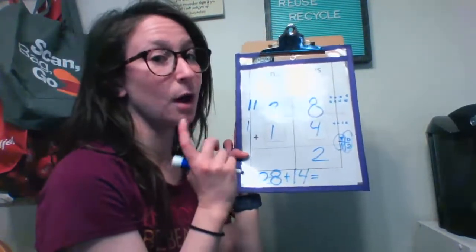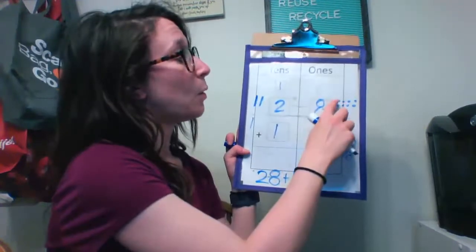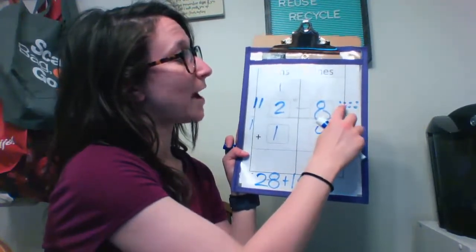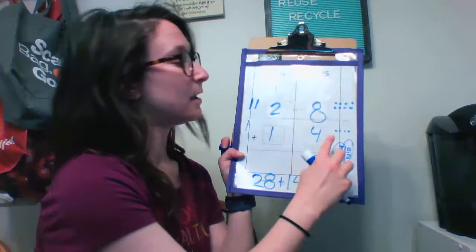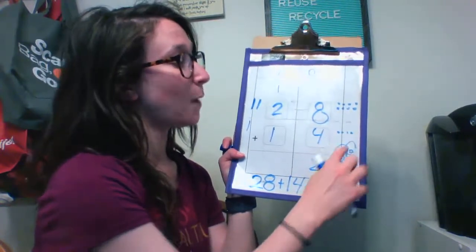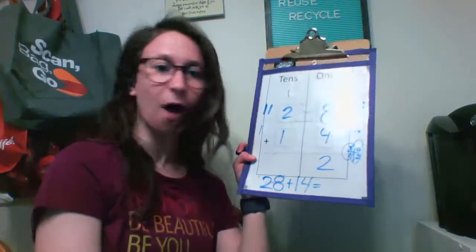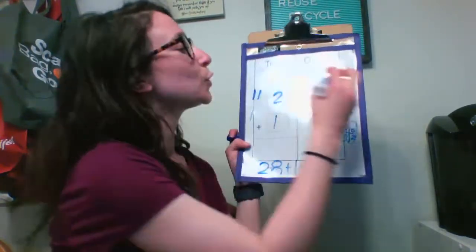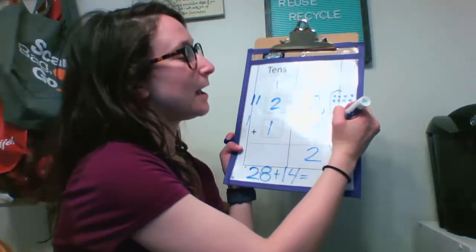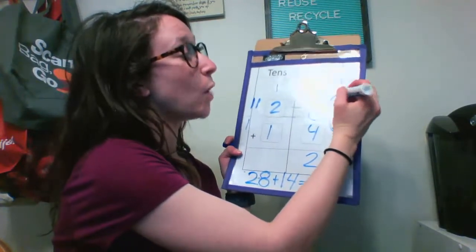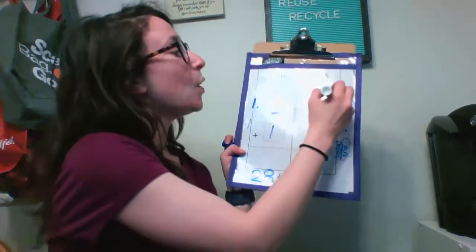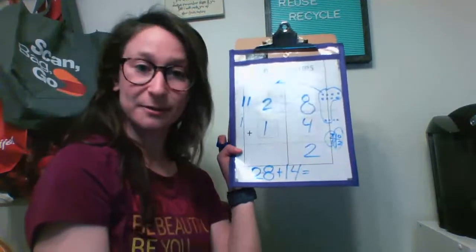And if you think you know, you can say it out loud. 1, 2, 3, 4, 5, 6, 7, 8, 9, 10, 11, 12. Well, 12? We can't have 12 in our ones place, right? So we're going to take 10 dots. And what happens when we have 10 dots? We make a new 10.